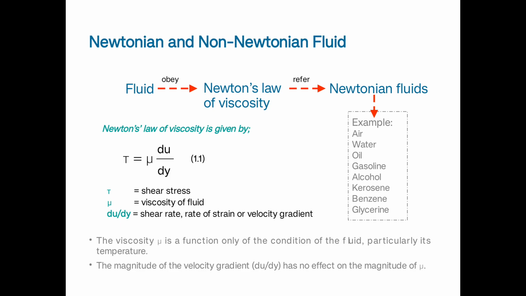And when you say a Newtonian fluid, the magnitude of the velocity gradient, the du by dy, how do you account for it? It is the change in velocity along the change in distance or position where we measured that velocity. That has no effect on the magnitude of viscosity. Only the shear stress matters here to measure the viscosity. Got it?